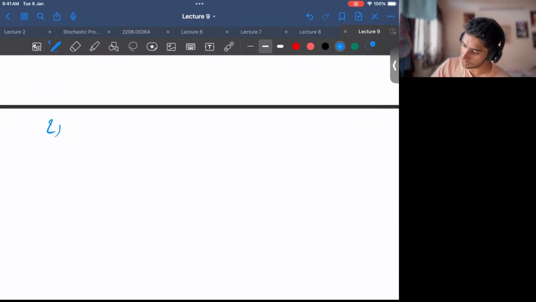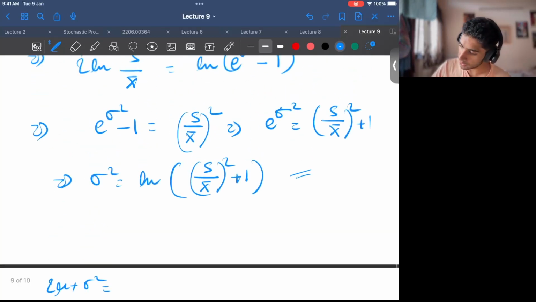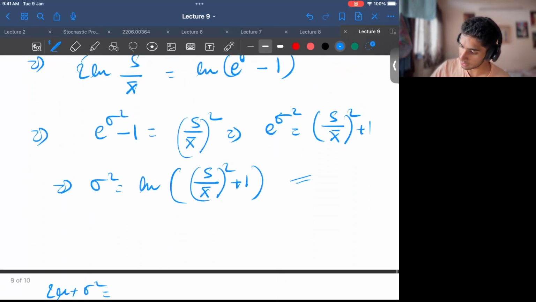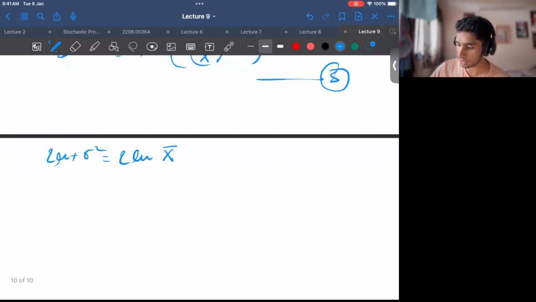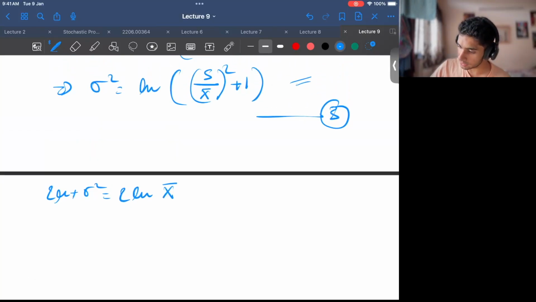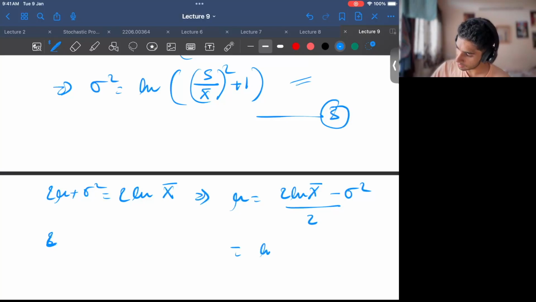So we have 2 mu plus sigma square is equal to what? 2 log x bar. Yeah, maybe call it 3. Use 3 and substitute it here, right? I can just write from here: mu is equal to 2 ln x bar minus sigma square by 2, which is equal to log of x bar minus sigma square by 2.